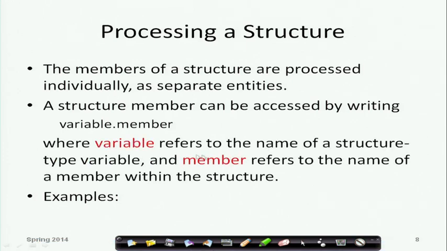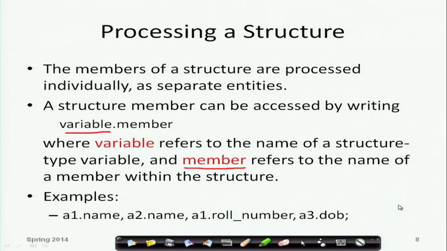Here, variable refers to the name of a structure type variable, and member refers to the field or the particular member element. The examples are A1 dot name, A1 dot roll number, A3 dot date of birth, etc.